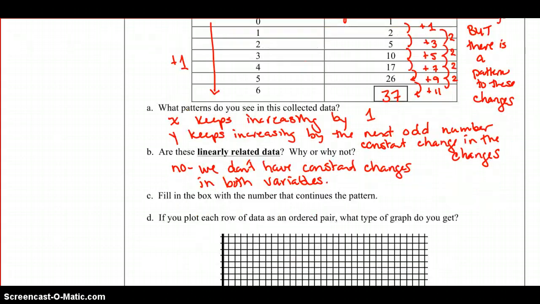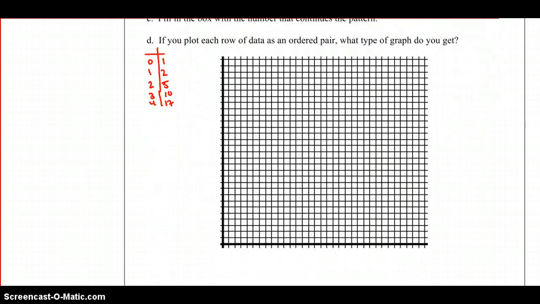So now if you plot each row of data as an ordered pair, I'm just going to write these down here so that we have them: 1, 2; 2, 5; 3, 10; 4, 17. It's going to be enough to see what's going on.